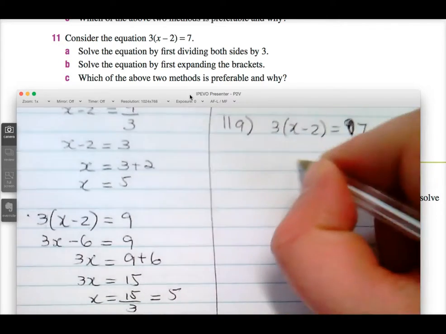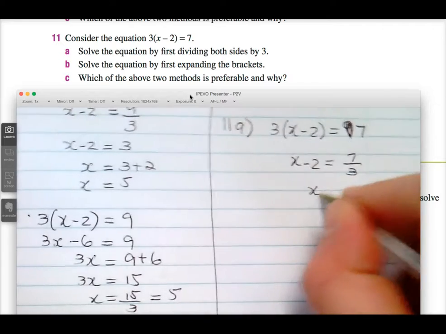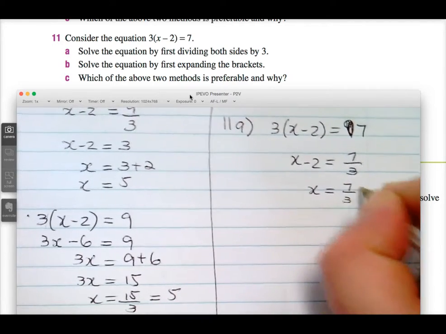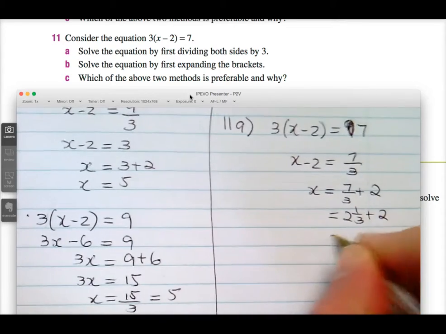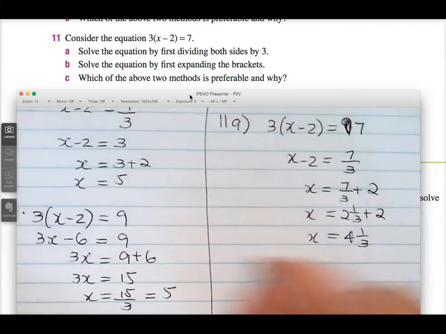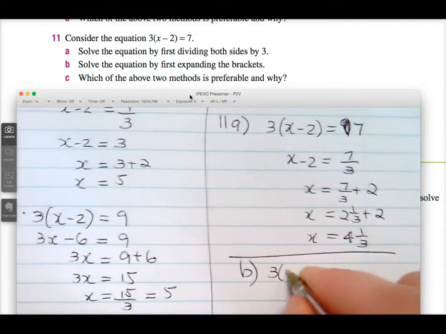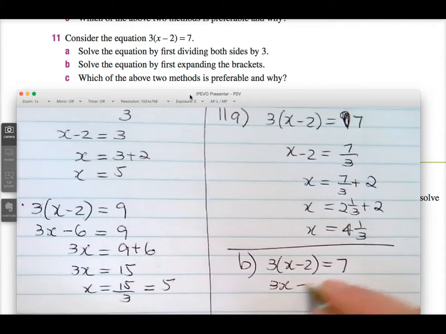But let's do it because it gives you a fraction. So x is 7 over 3 plus 2, which is 2 1/3 plus 2, which is 4 1/3. Yes, you can do it if you want, but part B says to expand. In part B, you expand.